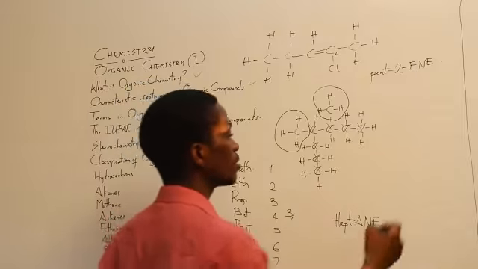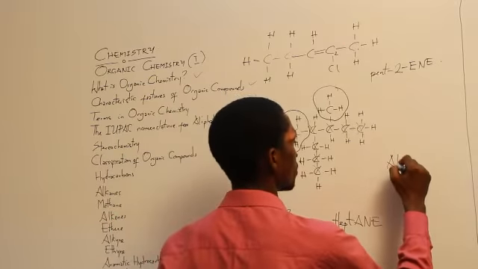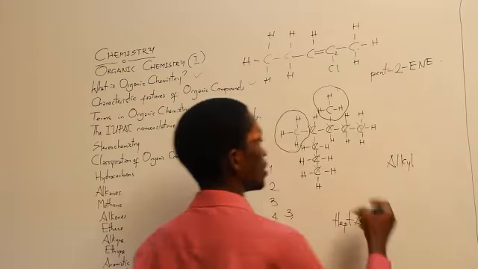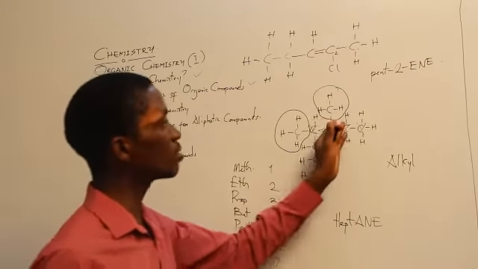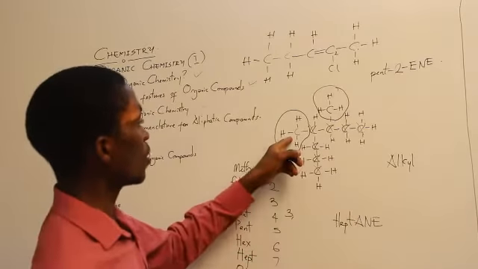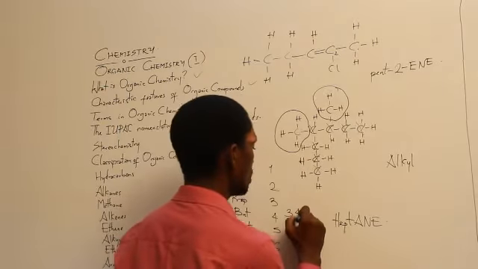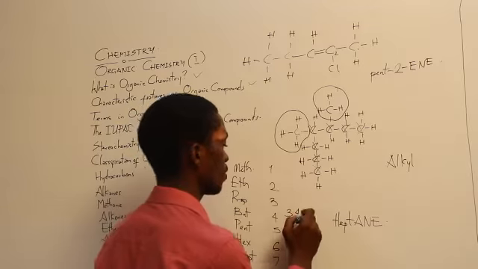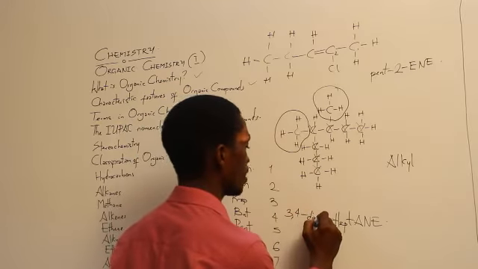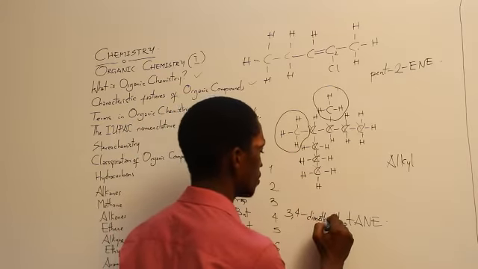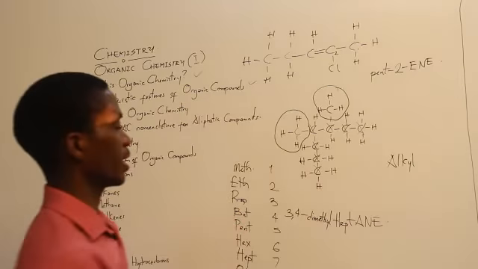It is an alkyl group, so it is methyl. And here also I'm having another methyl, so I can say 3, 4 dimethyl heptane.